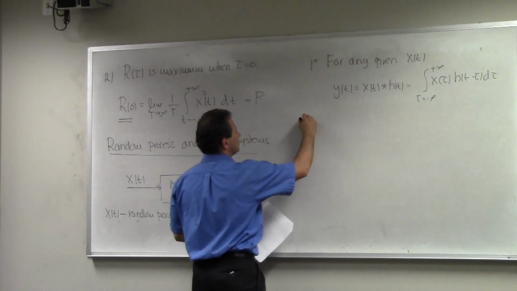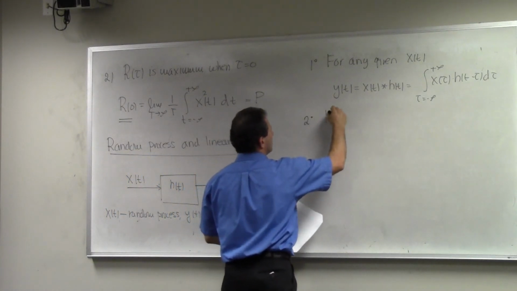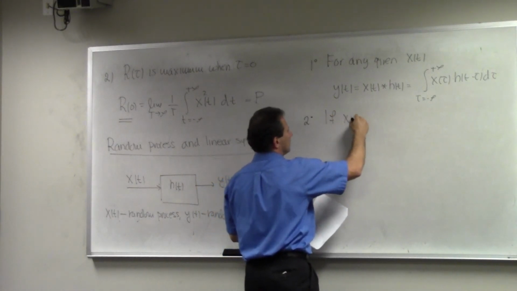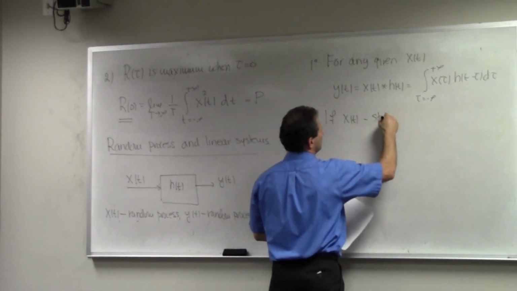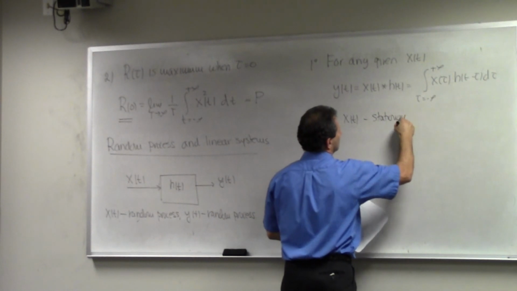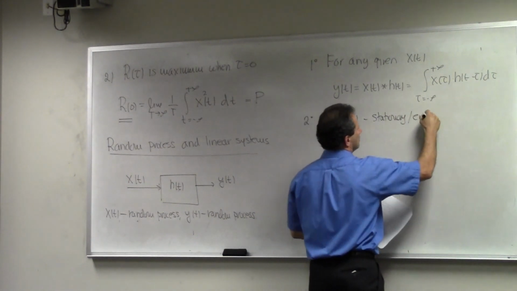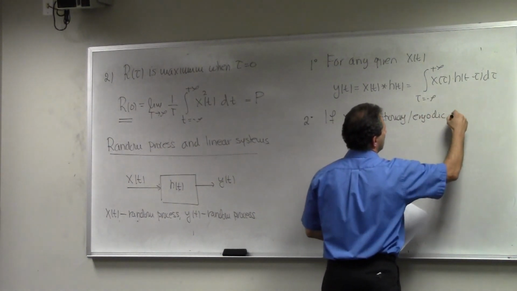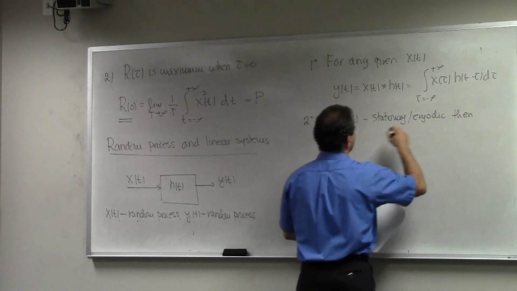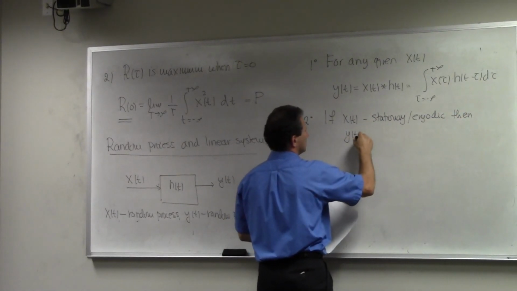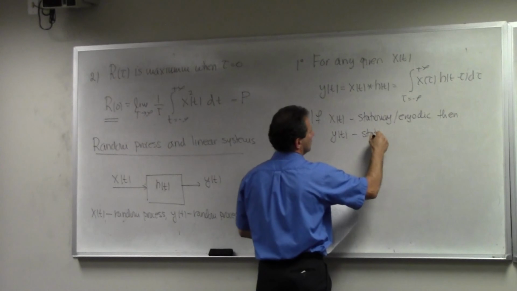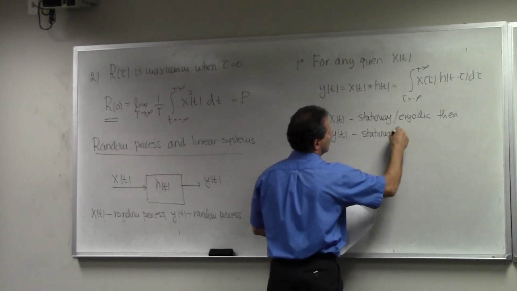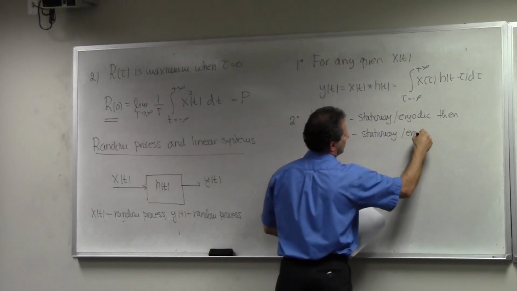The second result that we know is this. If x of t is stationary / ergodic, then y of t has the same properties. Right?